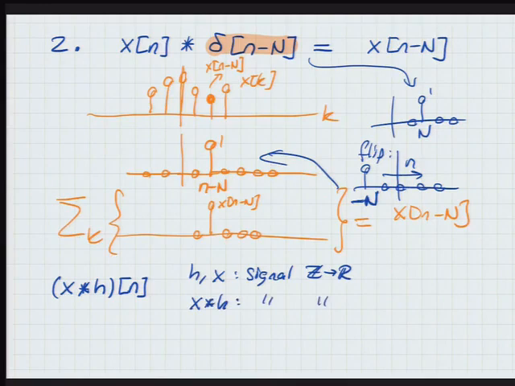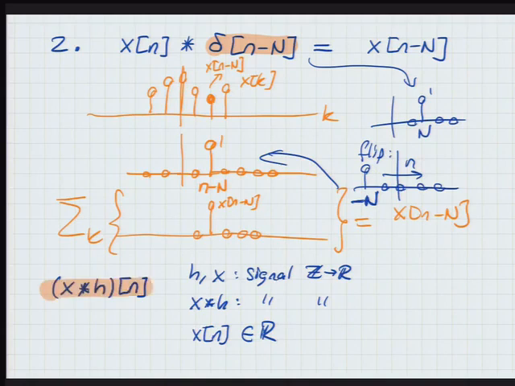So when I write x of n, on the other hand, what is x of n? Is it a signal? It's the value of the signal when time is equal to little n. So this really is a different object than h and x, which are signals. This is just the real value, right? So that's why I prefer to write this.